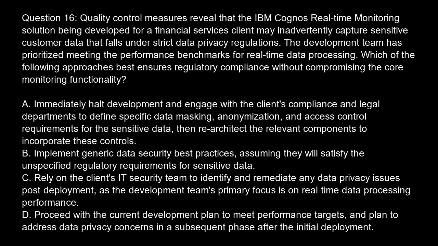Option C. Rely on the client's IT security team to identify and remediate any data privacy issues post-deployment, as the development team's primary focus is on real-time data processing performance. Option D. Proceed with the current development plan to meet performance targets, and plan to address data privacy concerns in a subsequent phase after the initial deployment.